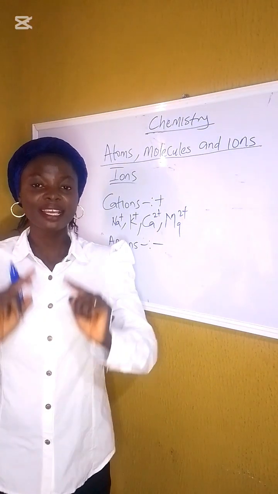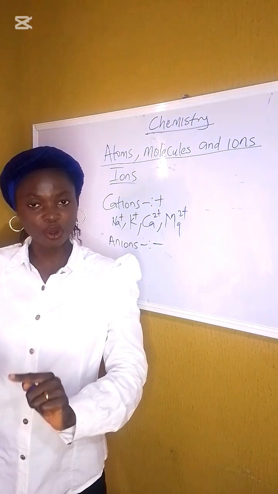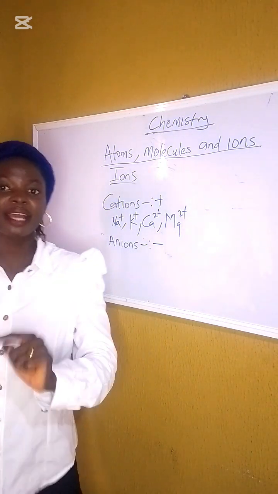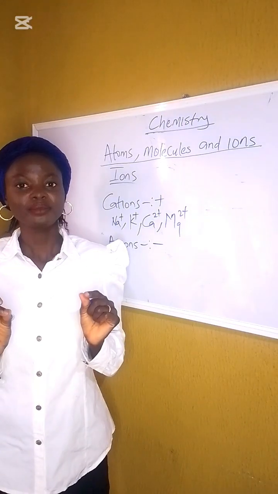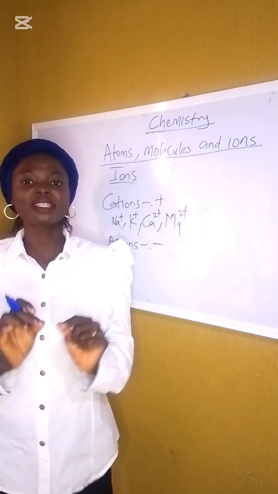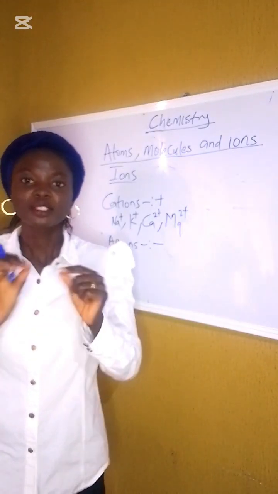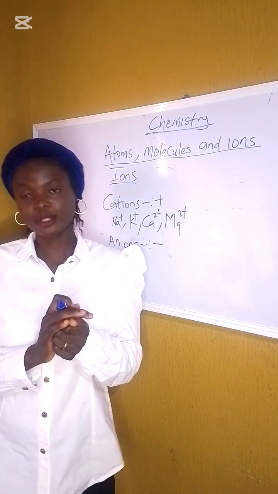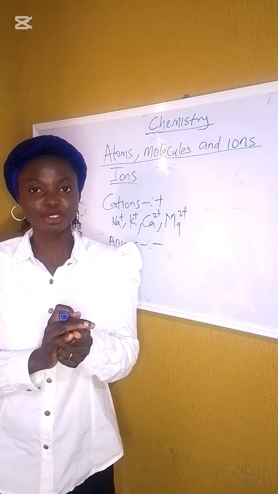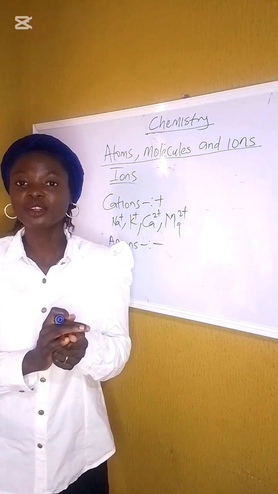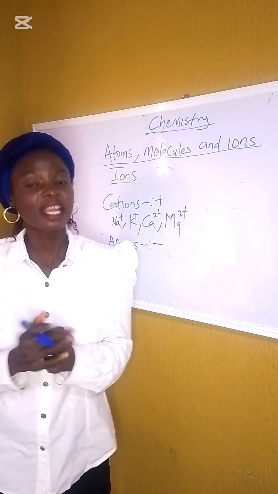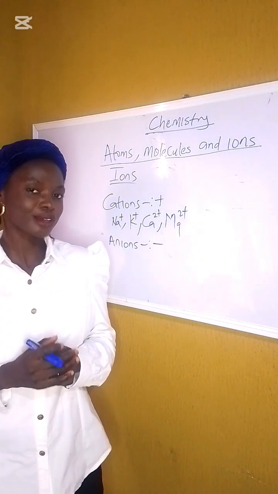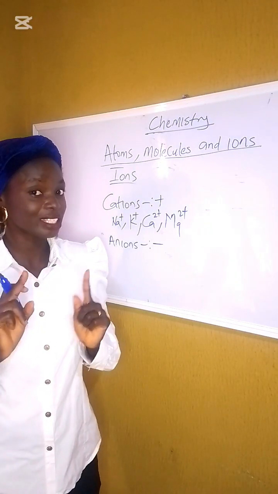Anions are negative ions formed by gaining of electrons, and electrons are gained by non-metals. Non-metals cannot lose electrons, but they gain electrons.